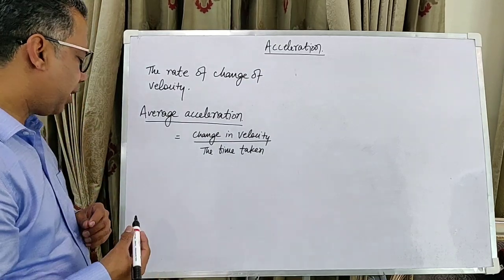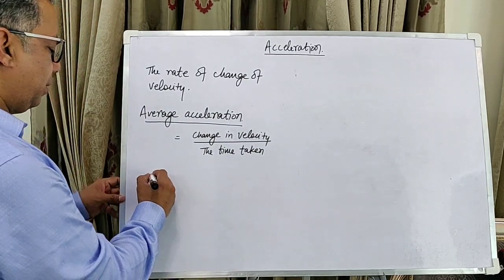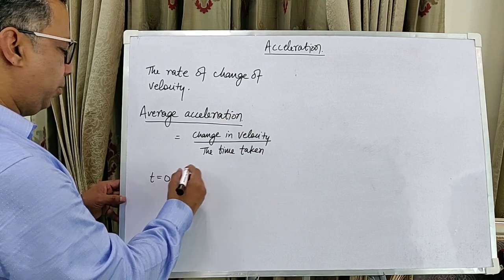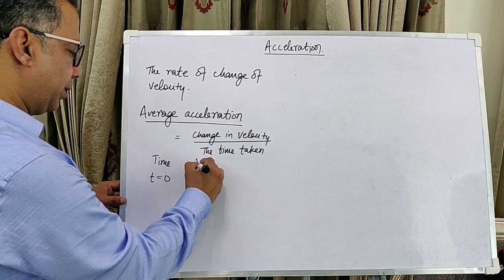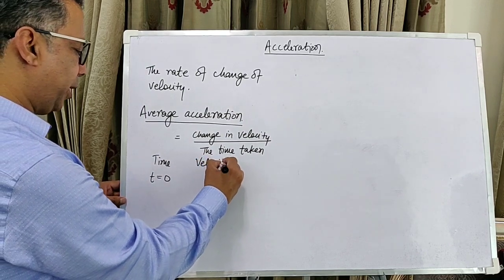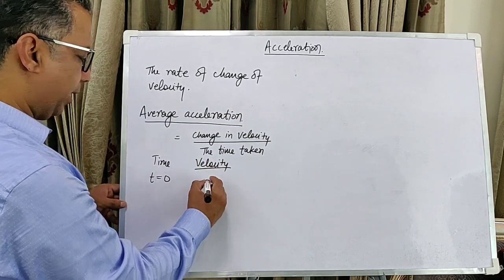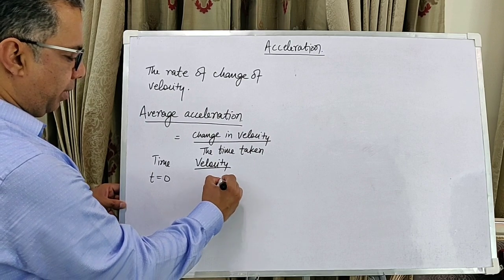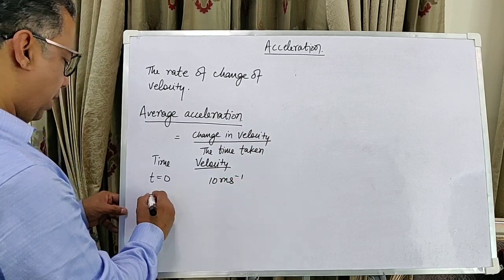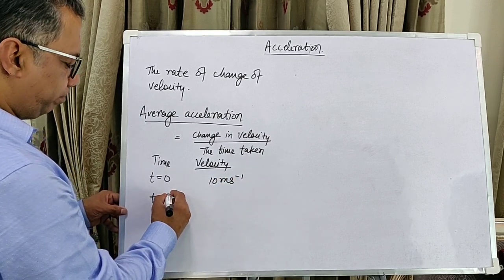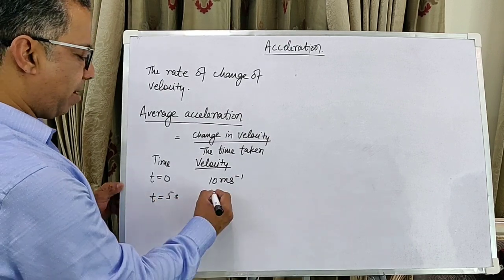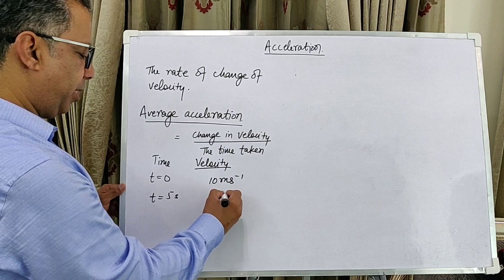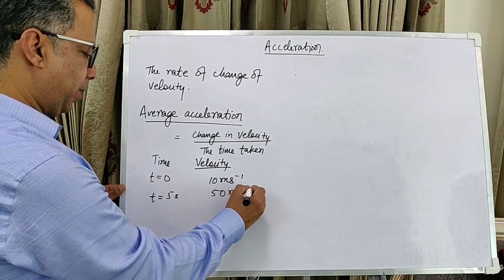Now, for example, at time equal to 0, the velocity of an object is, let's say, 10 meter per second, and then at time equal to 5 seconds, the velocity happens to be 50 meter per second.